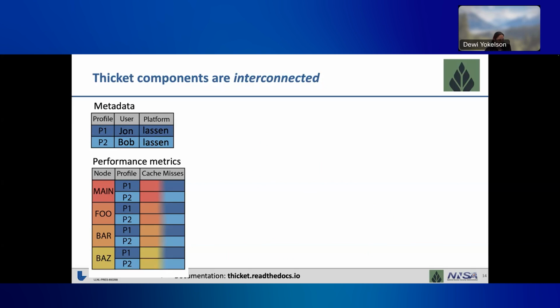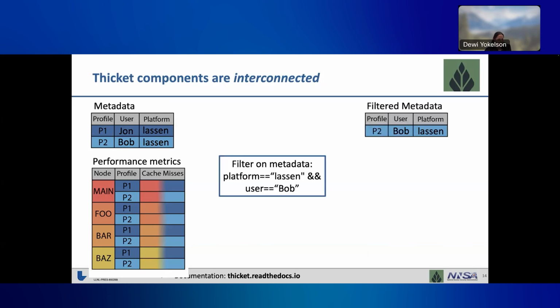Okay. So, yeah, great. If I just want to look at the performance metrics for data that was generated on LLNL by Bob when Bob ran it, I can filter on the metadata table.